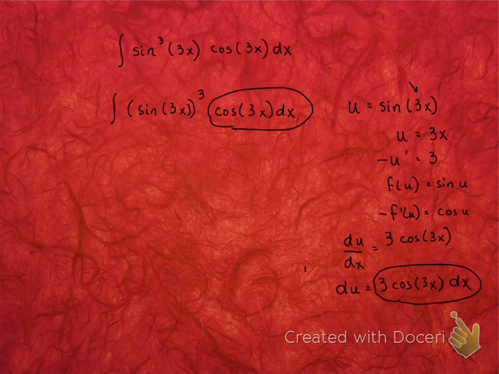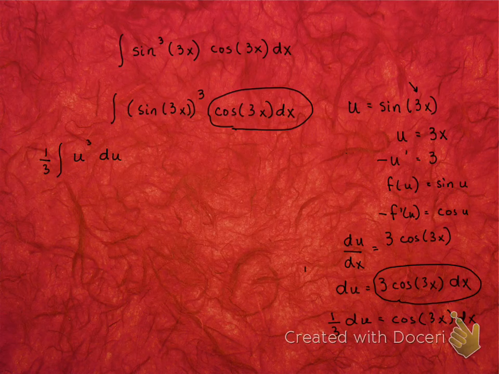The only difference is we need to divide away our 3 so our dx's match. Now our dx's match. So the 1/3 goes in front of the integral, and what we are actually integrating is u cubed with respect to u, or u cubed du.